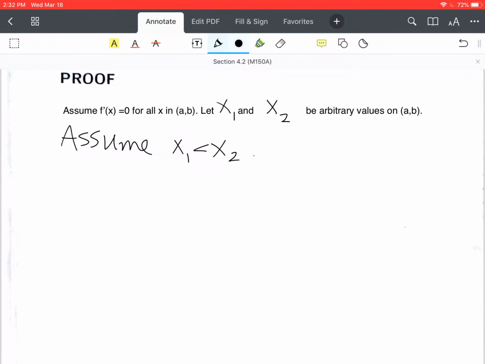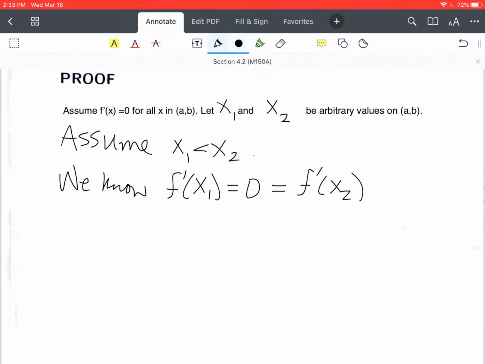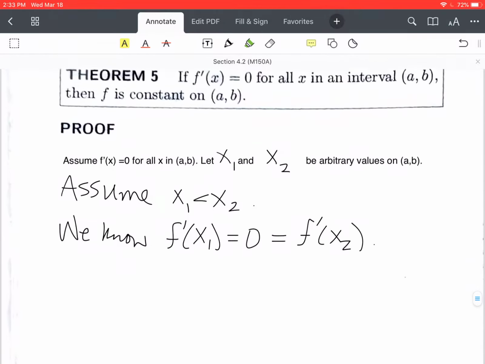So we know, since f prime is 0 for all points, f prime of x1 must be 0, and so is f prime of x2. Okay, so the derivative at both of these points must be 0.